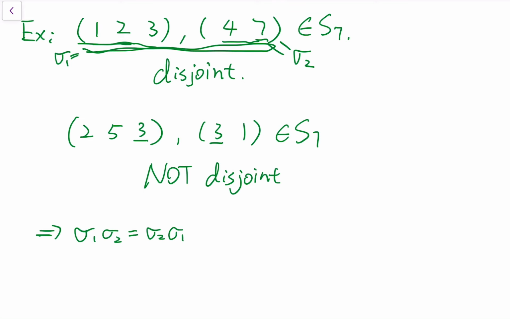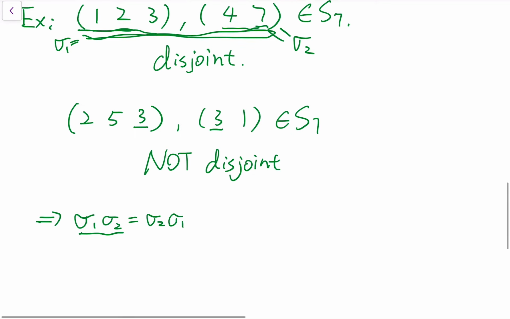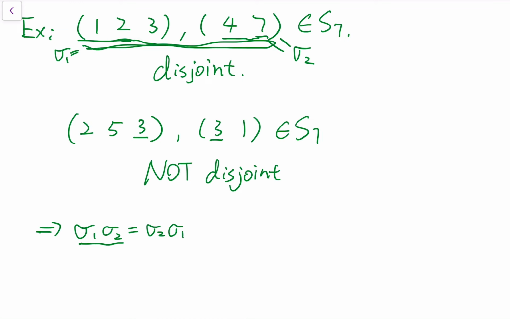Because cycles are permutations and permutations are bijections, the multiplication here is actually the composition of the maps.